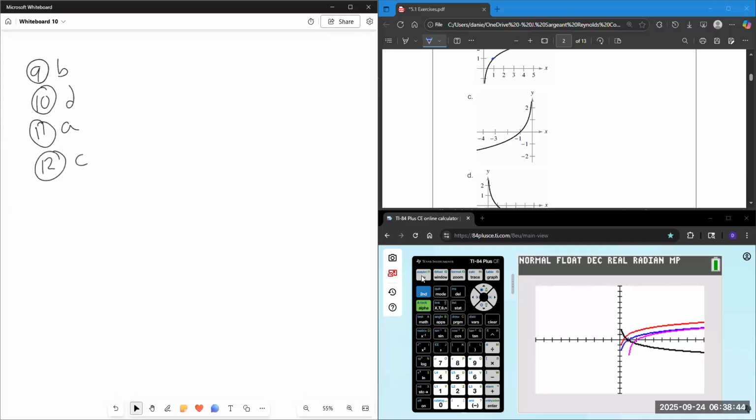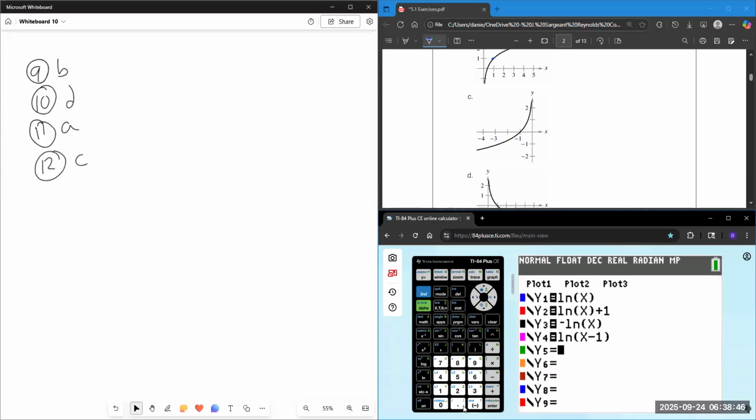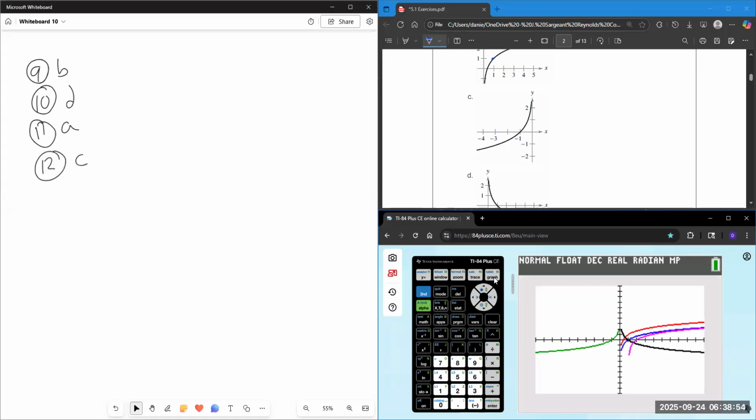And last one here, negative ln of negative x. It's going to have that vertical asymptote there at 0, and it's going to pass through (-1, 0), and it's going to be rising to the right at an increasing rate here because it is the reflection both across the x-axis and the y-axis of our blue function.